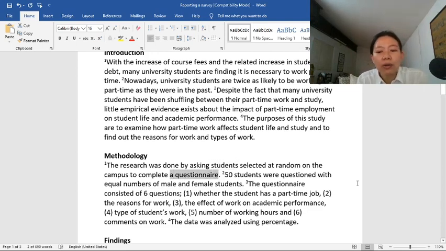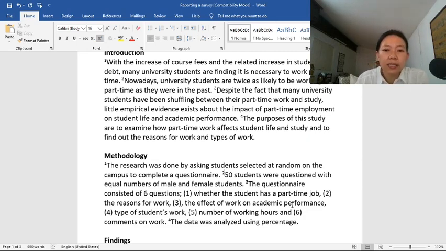So we know about the sample, the sampling technique, and the research tool in 1 sentence. And then in the second sentence, "50 students were questioned with equal numbers of male and female students." So this sentence gives more information about the sample.